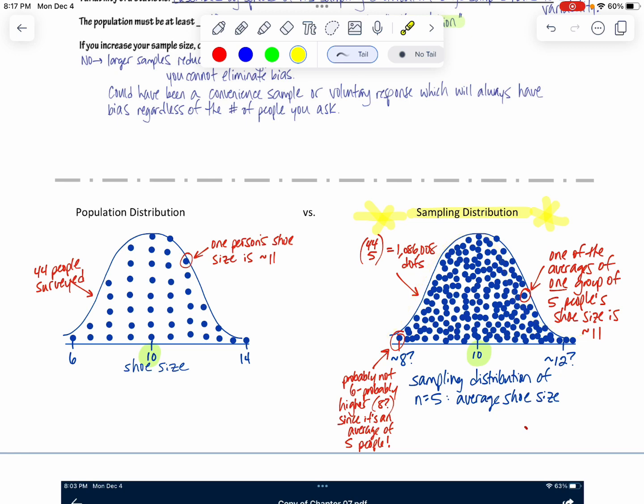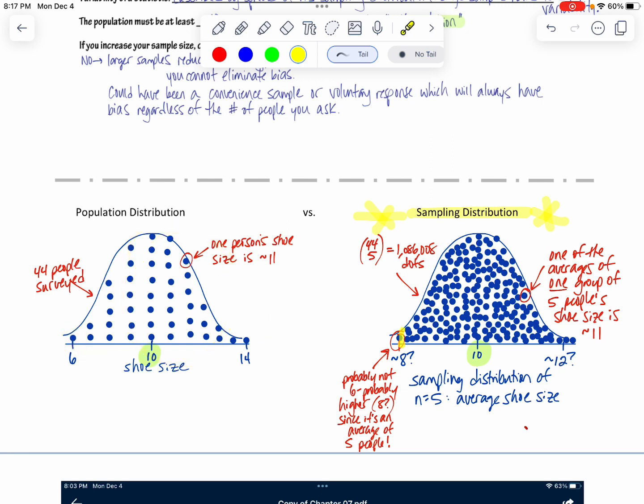Now let's talk about, remember what one of these dots represents. It's one of the averages from a group of 5, but why is this number right here not 6? And why is this number right here not 14? Let's talk about that for a second, because if I take this really teeny tiny foot and I average, I'm assuming her, with 4 other people, isn't it likely that these 4 other people are going to drag the average up above 6?